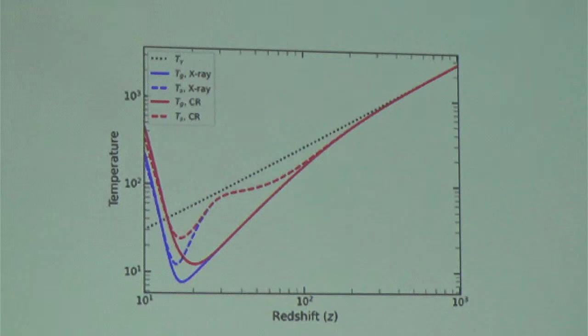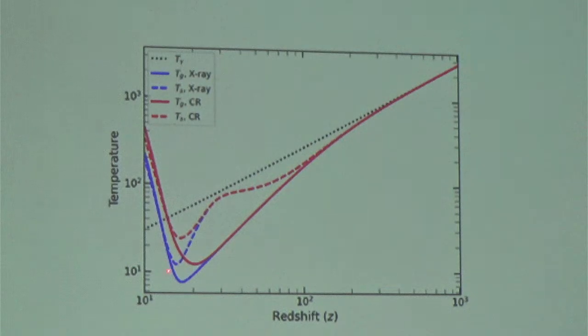But then again we start forming stars, galaxies, stars inside galaxies, or maybe black holes, and the Lyman alpha photons from those sources try to couple the spin temperature with the IGM temperature again, right? Because it will couple the spin temperature with the Lyman alpha color temperature, but the Lyman alpha color temperature is the same as the IGM temperature. So now again you see this line going down because of the Lyman alpha coupling.